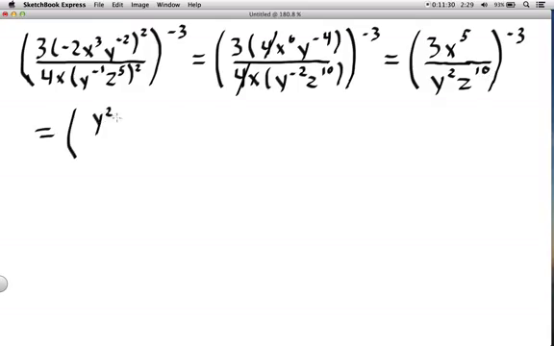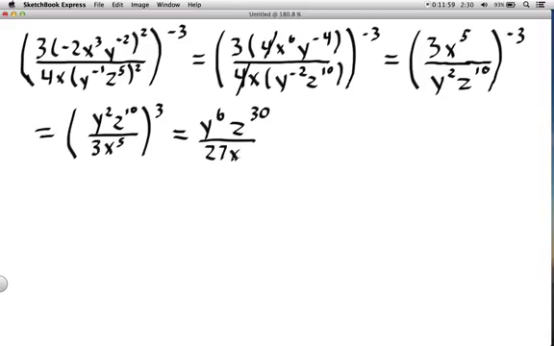So flip everything around, and when we flip it, we change the negative exponent to a positive exponent. And now, just multiply everything in here, the exponents by 3. So we will have y to the 6th, z to the 30, over 3 cubed is 27, so over 27x to the 15th.